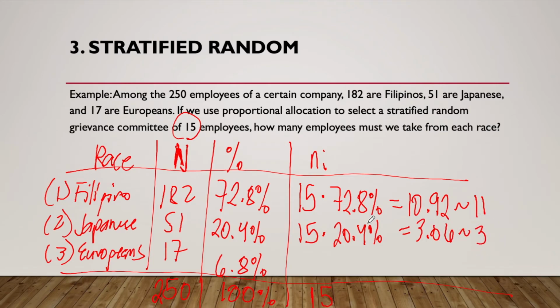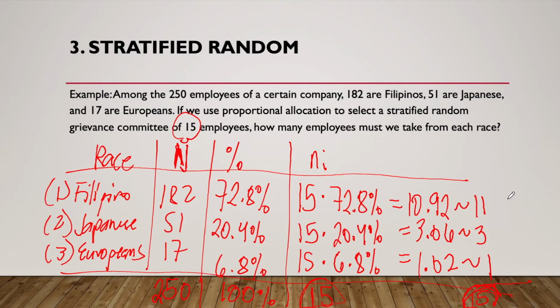And then for the Europeans, we have 15 times 0.068, or 15 times 6.8%, which gives us 1.02, which gives me only 1. So 11 plus 3 is 14, plus 1 is 15, which is right on what we want in the stratified sampling. As you can see, 15, we got it.